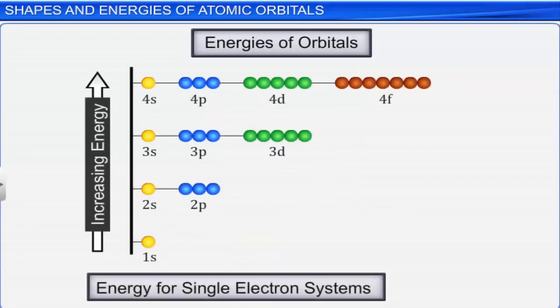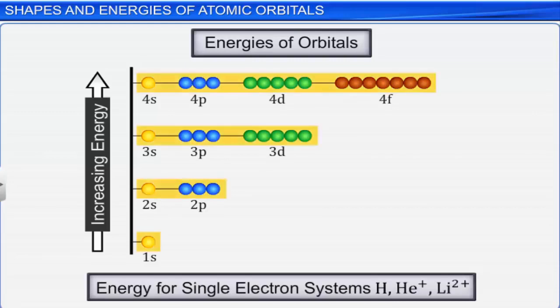For single electron systems, such as hydrogen and other isoelectronic species, such as unipositive helium ion and dipositive lithium ion, the energies of all the orbitals for a given value of n are the same, irrespective of the subshell in which it is present, s, p, d, or f.